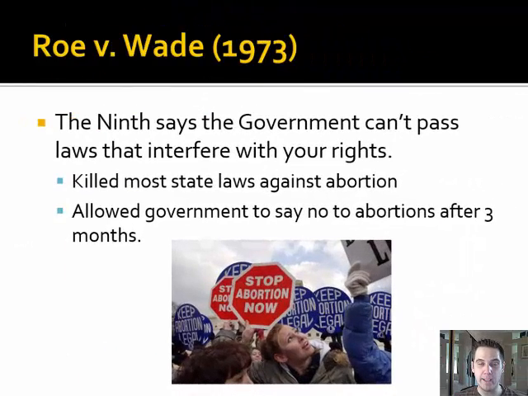Roe versus Wade is another Supreme Court decision that was handed down in 1973, and this is the most controversial Supreme Court decision in the last 100 years, if not in our entire history, because this has to do with abortion.